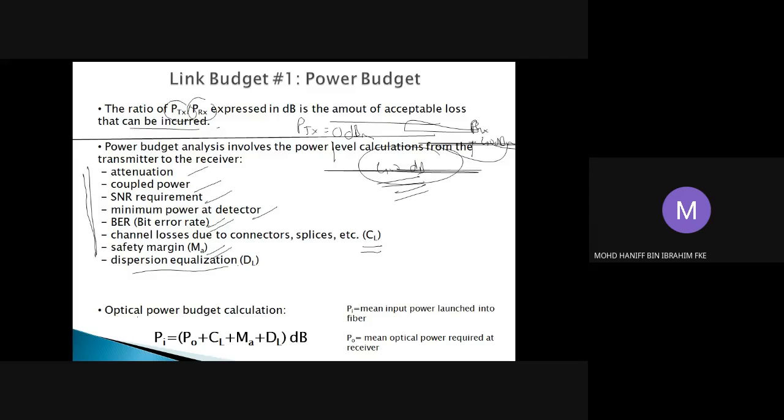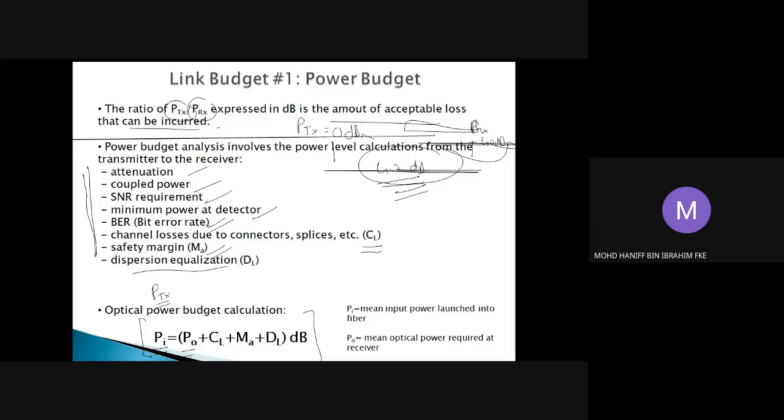This will be the equation used in our optical power budget calculation, where PI here is the mean input power launched into the fiber. We normally use PTX, which is the transmit power.